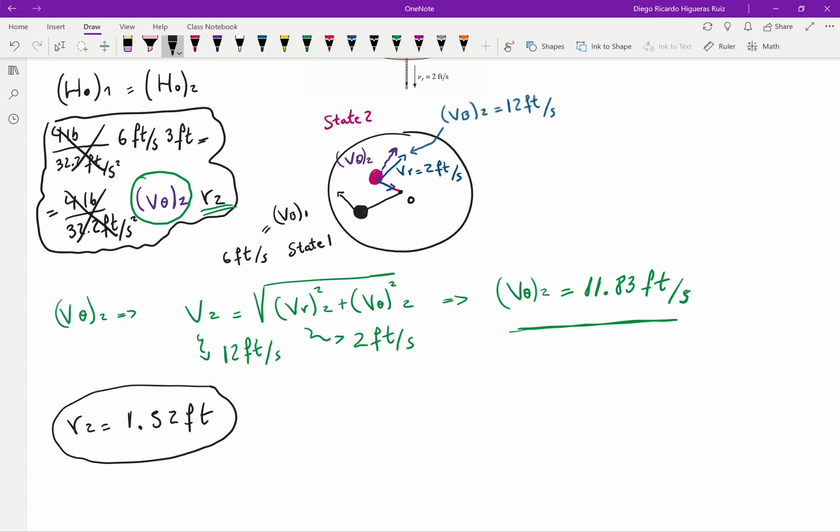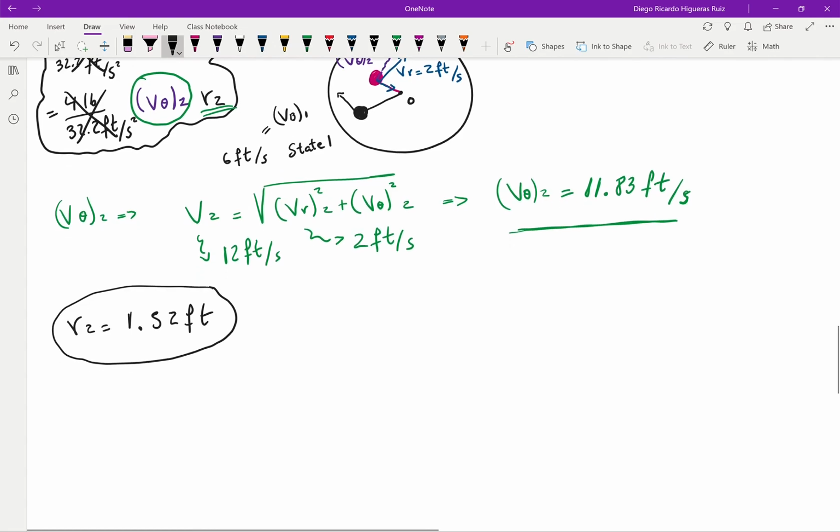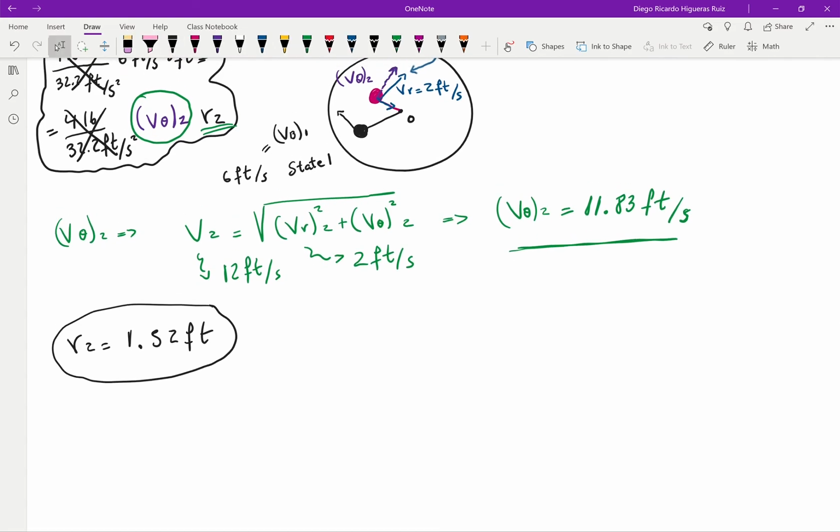And if we want to calculate the time that it takes, we just need to take the change in the position of R, so the displacement in the R direction, and divide that by VR, which is constant.